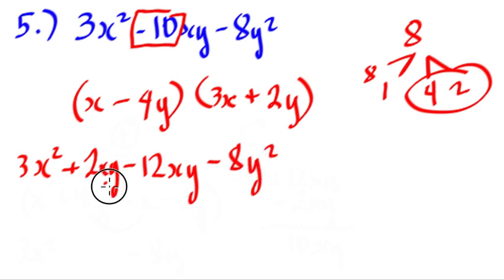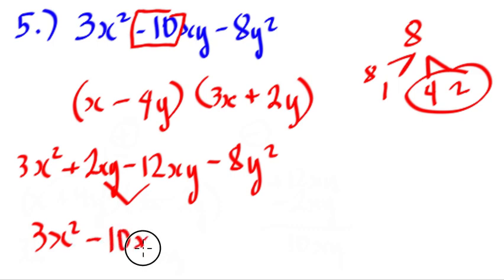Now let's combine the middle terms. What we have is 3x squared. So negative 12xy plus 2xy is going to give us negative 10xy. And then lastly, we have minus 8y squared over here.